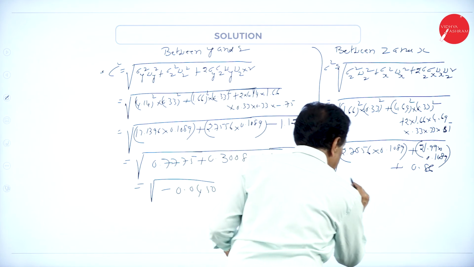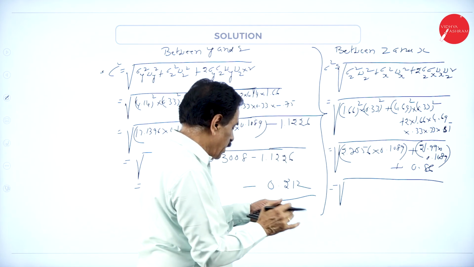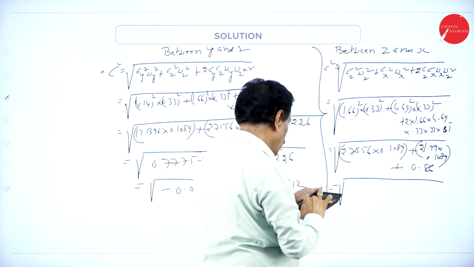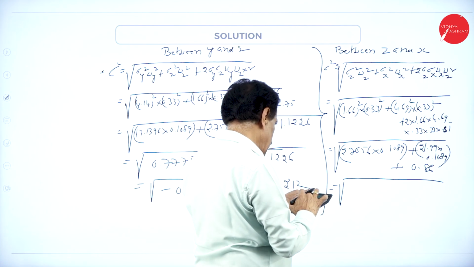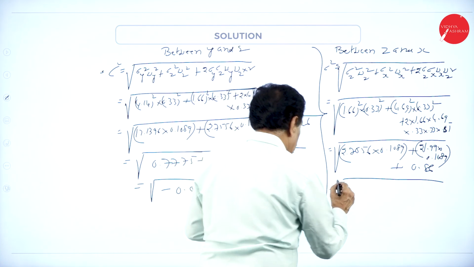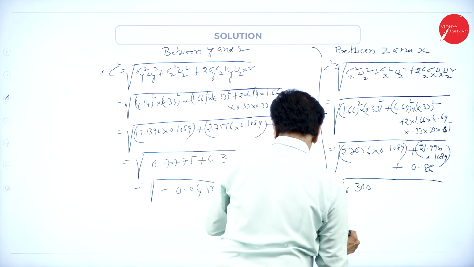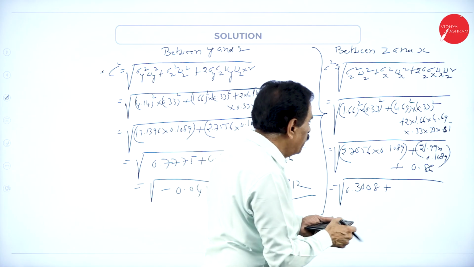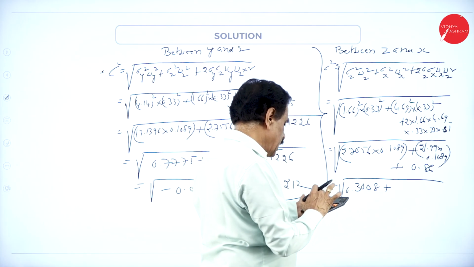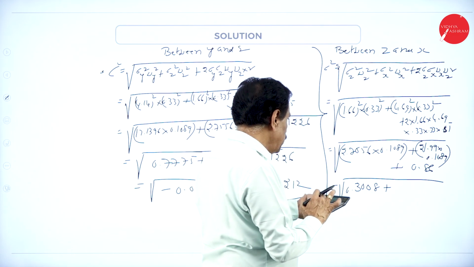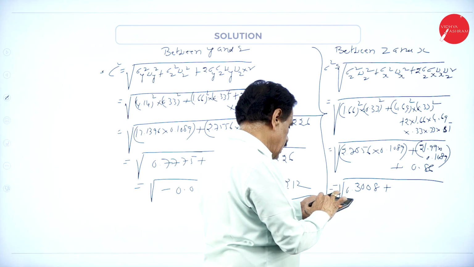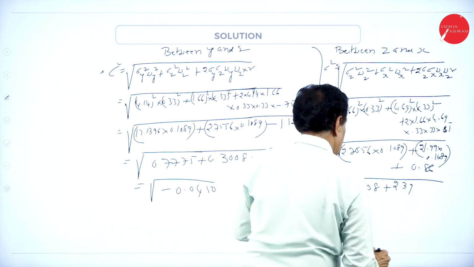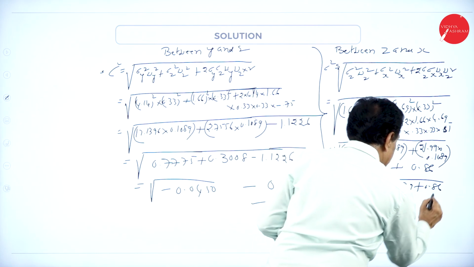Simplify. Root of this. 2.7556 into 0.1089, 0.3008, plus 21.99 into 0.1089, 2.39, plus 0.86.